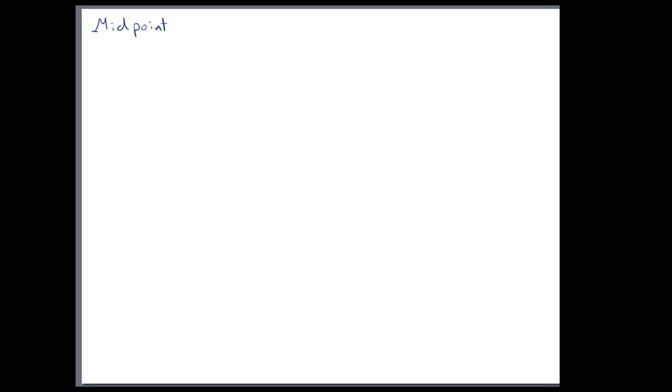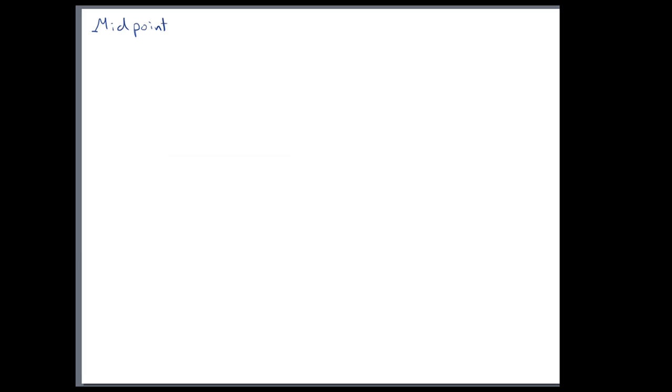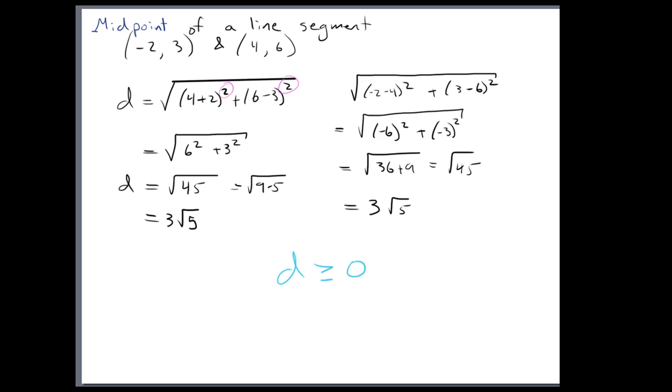What about a midpoint? So to find the midpoint, it's very nice. The midpoint of a line segment, not a full line, but a line segment, is very nice and logical. So let's grab the points that we're working with here: negative 2, 3, and 4, 6.